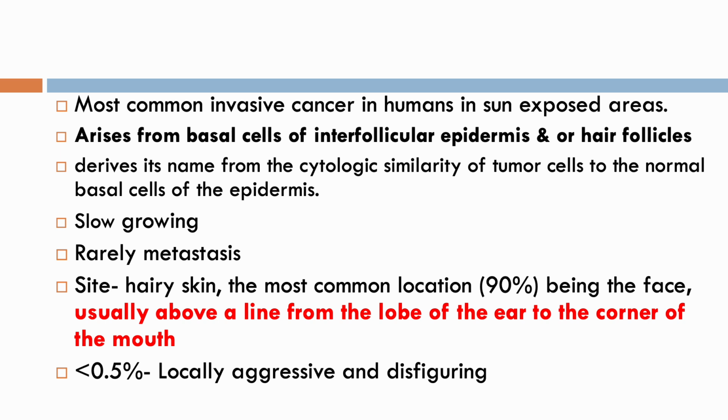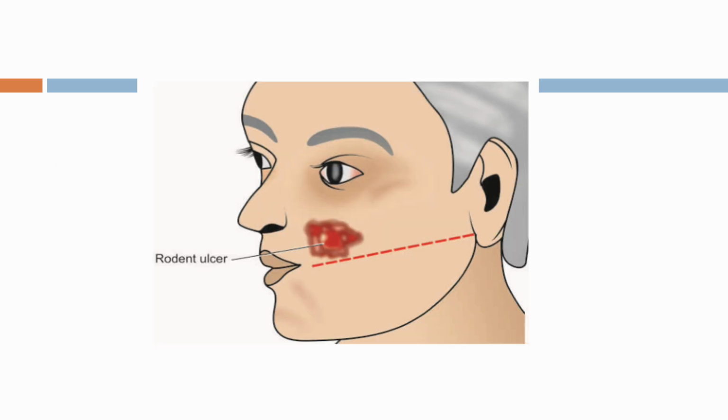Less than 0.5% are locally aggressive and disfiguring. So this is the picture of basal cell carcinoma, and another name for this is rodent ulcer. Why the name rodent ulcer? Because it erodes the underlying structures like a rodent.